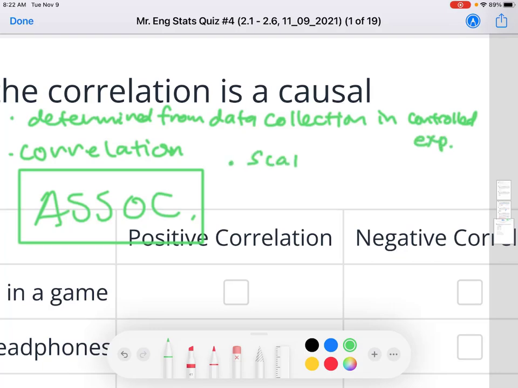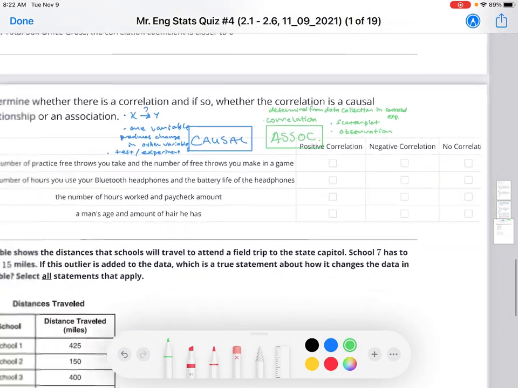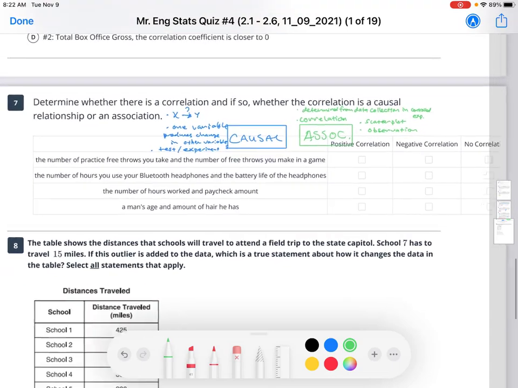We usually visualize this or pick out an association by a scatter plot. So putting a bunch of dots, and really it's an observation we're looking at. Okay, so with this information, let's go ahead and go over this one.